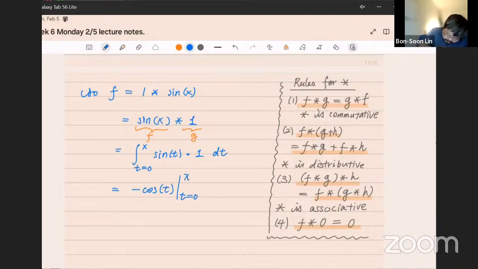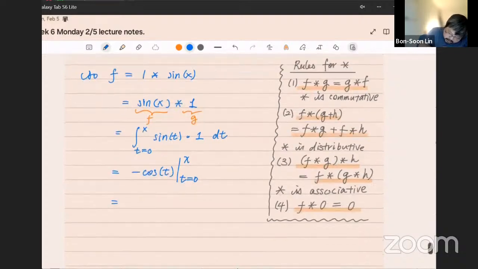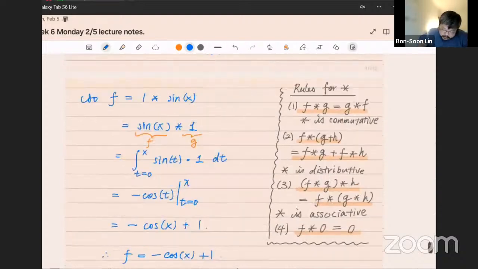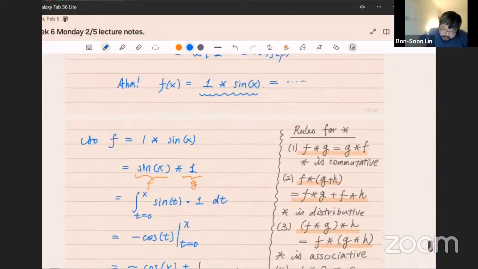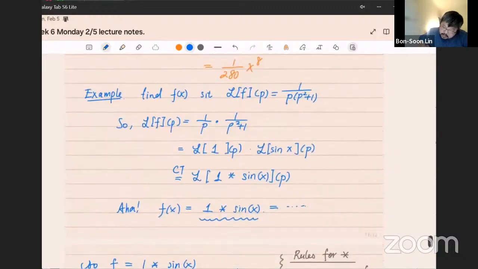So this is minus cosine of x. Minus cosine 0 makes it plus 1. Therefore, final answer, the function f is minus cosine of x plus 1 by convolution theorem. So this is what gives this, okay?